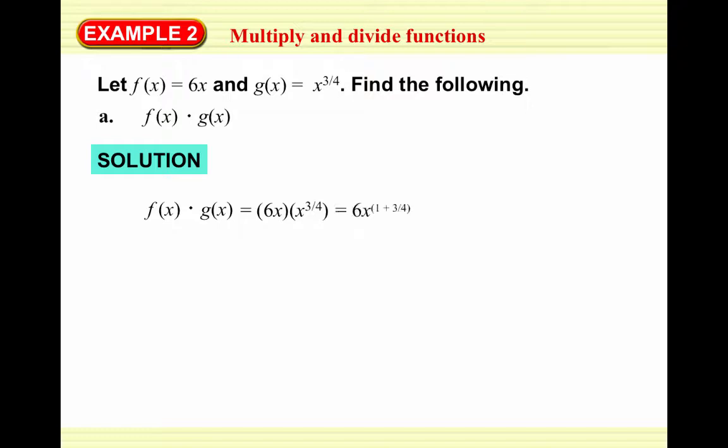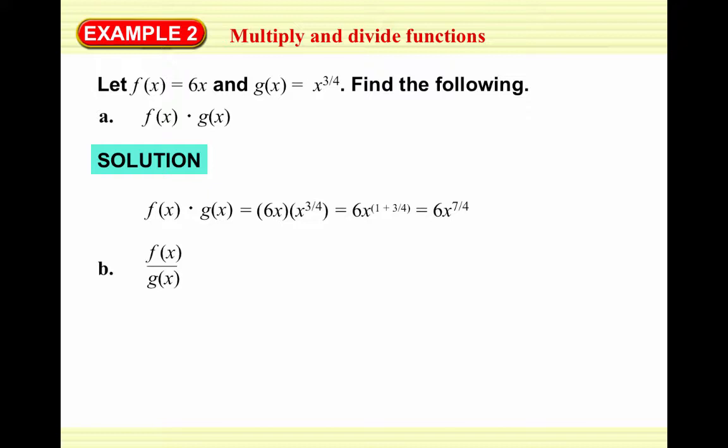Okay, our coefficients are 6 and 1, so 6 times 1 is 6. And then remember, we add our exponents because we had the same base. Now remember, plain x has an understood exponent of 1, so we get 6x to the 1 plus 3/4. So 4/4, which is equal to 1, plus 3/4 is 7/4, and so we have 6x to the 7/4 power.